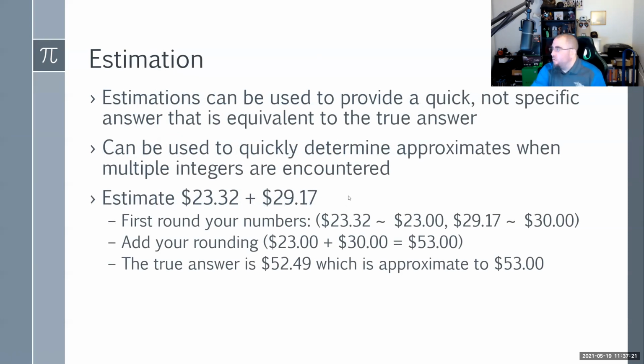Estimations can be used to provide a quick, non-specific answer, right? When I took my ASVAB, does anyone know what the ASVAB is? Those of you that know what it is are shaking in your boots thinking about it. It's a fun test, isn't it? Yeah, it's the military entrance exam, right?